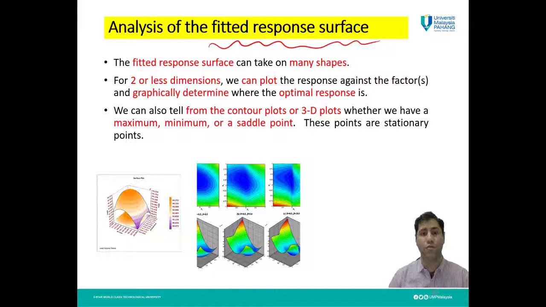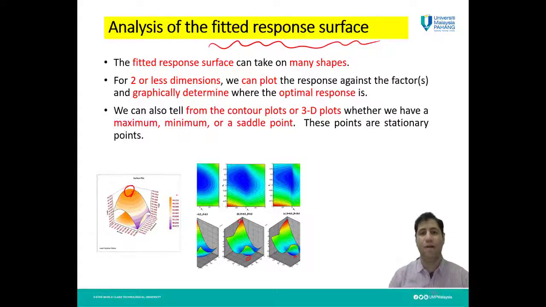However, if we have two factors and can draw a three-dimensional or 3D graph, in most cases we can find the optimum point, minimum or maximum point, for that surface. For example, for this surface, the maximum point is here. For this one you have minimum here, maximum here, and minimum here.